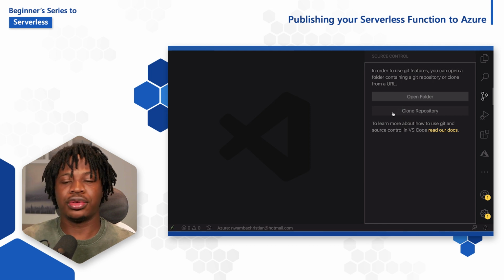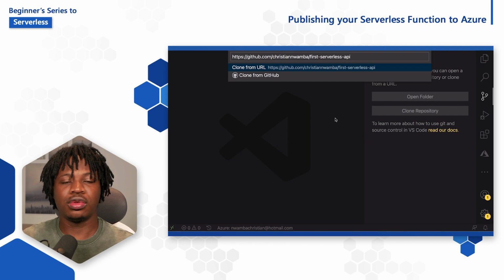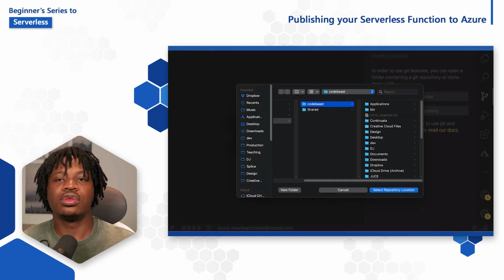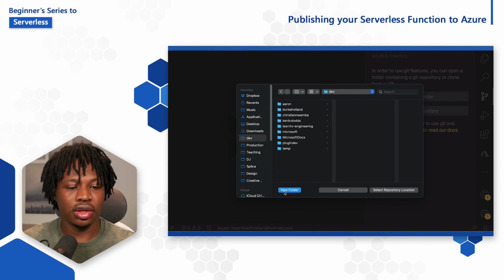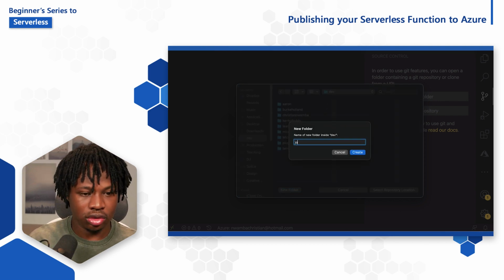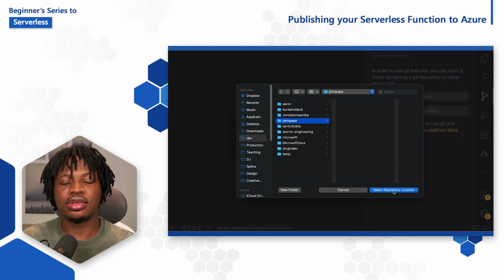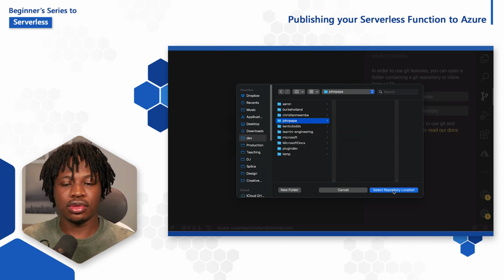In this case, I want to clone a repository, so I'll click on the clone repository button, paste the URL we've copied, and hit enter. Now, Visual Studio Code will ask you which folder you would like to clone this repository into. So I'm just going to do that in my dev folder, create a new folder called John Papa, and then select it as the location where VS Code should clone the new John Papa repo.